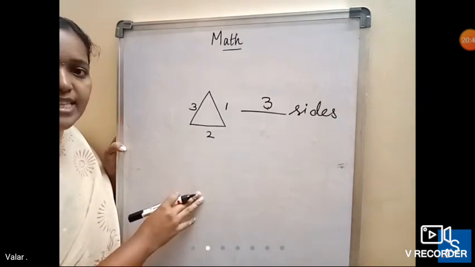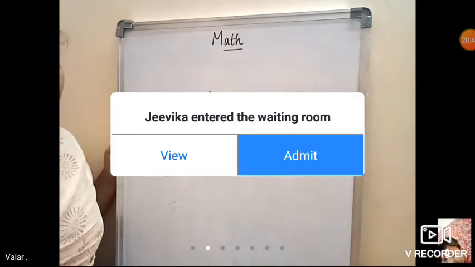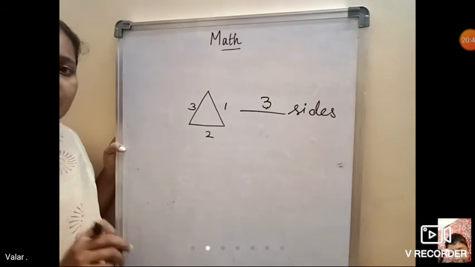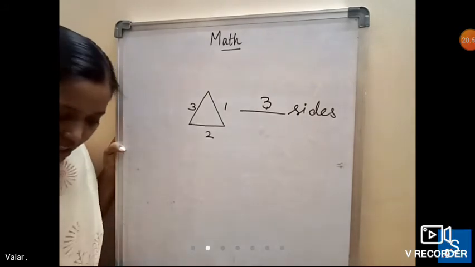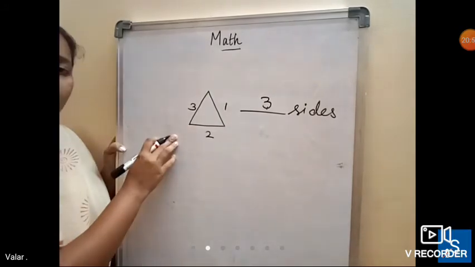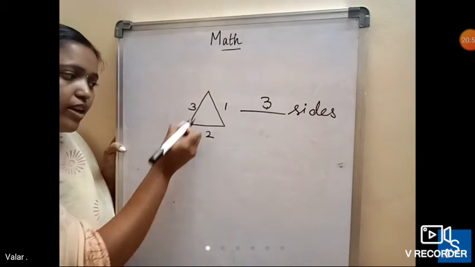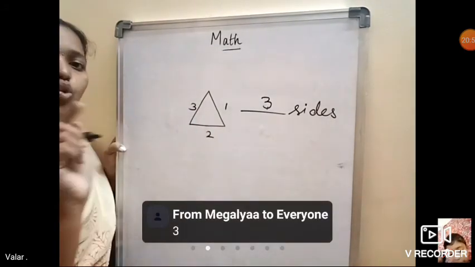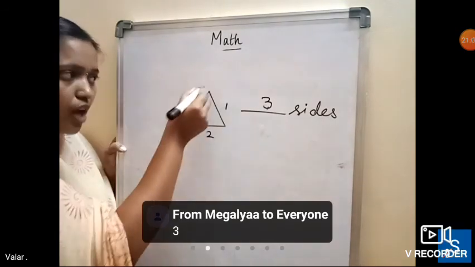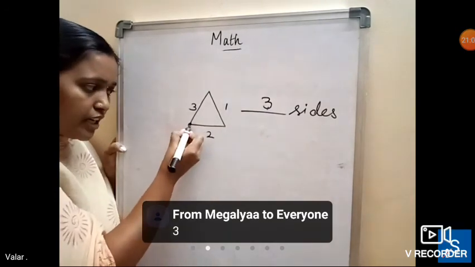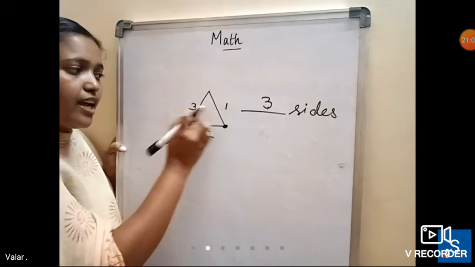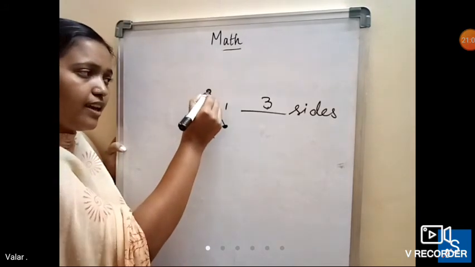Triangle is having how many sides? Three sides. Now, how many corners are there? We will see how many corners the triangle is having. For that you have to keep a dot wherever two lines are meeting together. So now you can see these two lines are meeting together, and these two lines are meeting together here, and these two lines are meeting here.